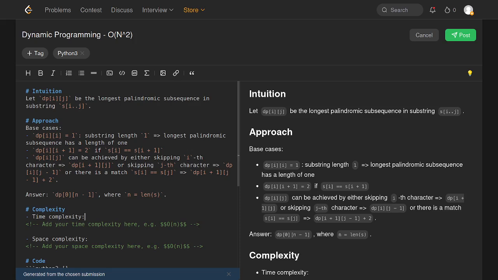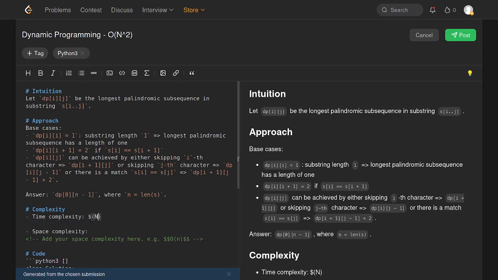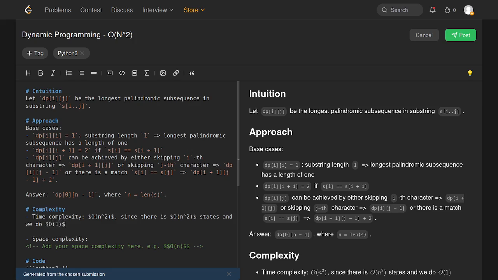And the answer is this. n squared, since there are n squared states and we do one work per state.